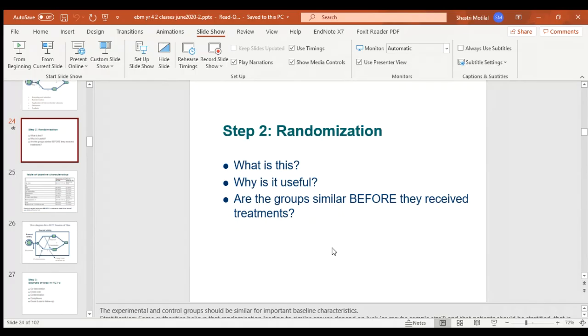So when you give people the treatment, you're really sure that if you see an outcome, the outcome is because of the treatment and not any differences in the groups, right? So that's the idea in randomization. Randomization aims to produce two groups that are identical. So when you give treatments and you see an outcome, you're thinking, all right, this treatment worked or it didn't work. The only difference in the groups was the treatment.